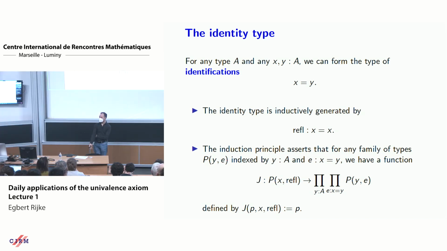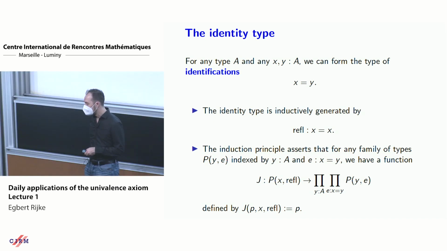But the induction principle always says, if I have some property that depends on elements of my inductive type, an induction principle asserts what you have to do to prove your property for all the elements. So here it says, what do I have to do to prove a property for all identifications? And because the inductive type is generated by one element, it says, okay, you only have to do it for that one element, namely you have to prove your property for refl. But now the property, because we're in type theory, is expressed as a type family.